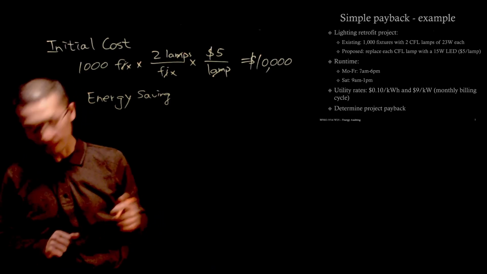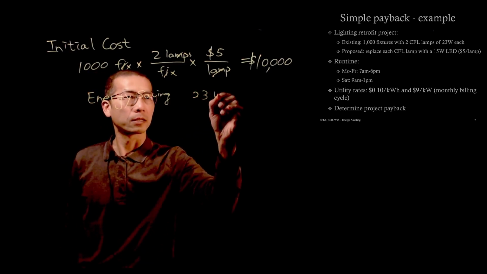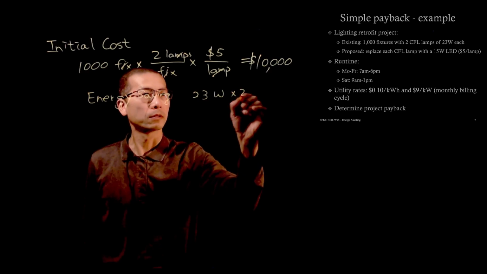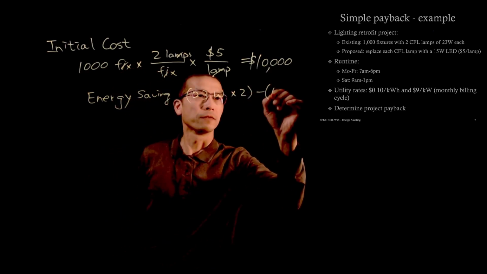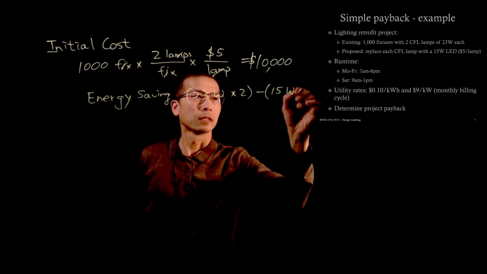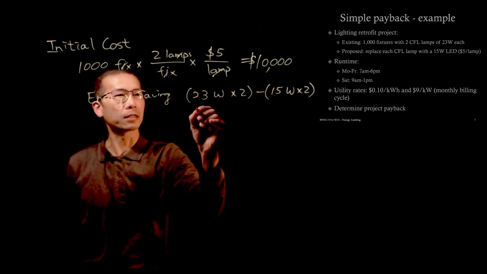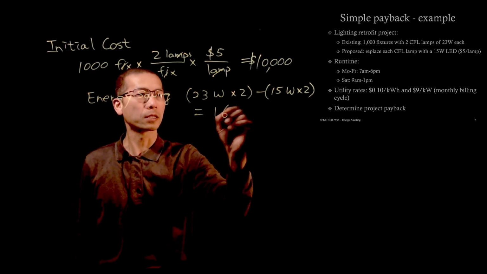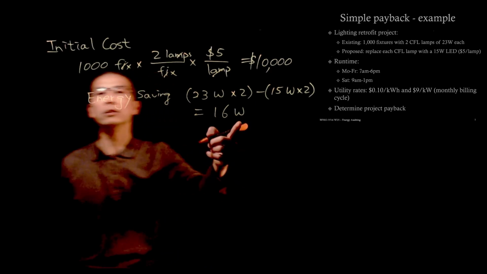So we can say 23 watt times 2, minus 15 watt times 2. That's the difference. You get 16 watt of saving per luminaire.